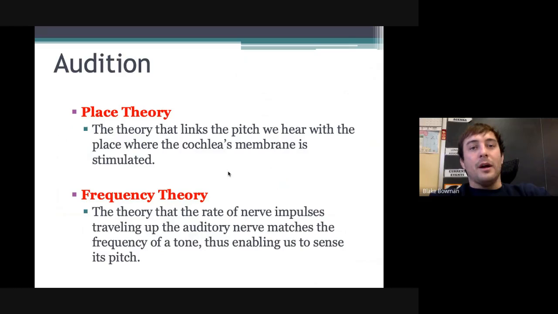So it's really on the auditory nerve, and our perception of hearing these different types of frequencies and how that impulse is being sent. And that frequency theory, I believe, gains more traction with understanding how we perceive different pitches, different frequencies of sounds, if it's higher pitch, lower pitch.